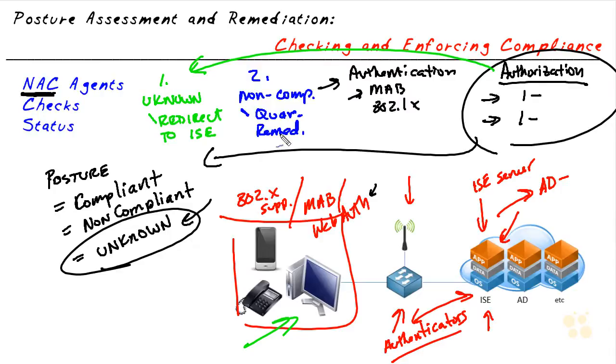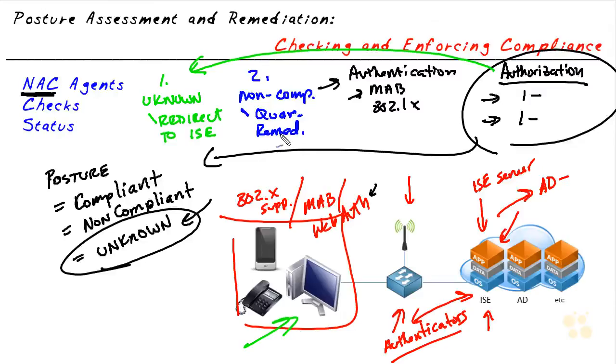And inside of VLAN 40, there's going to be a DHCP server handing out IP addresses. And using that remediation or quarantine VLAN, the host should have access to the additional resources to get themselves up to speed.